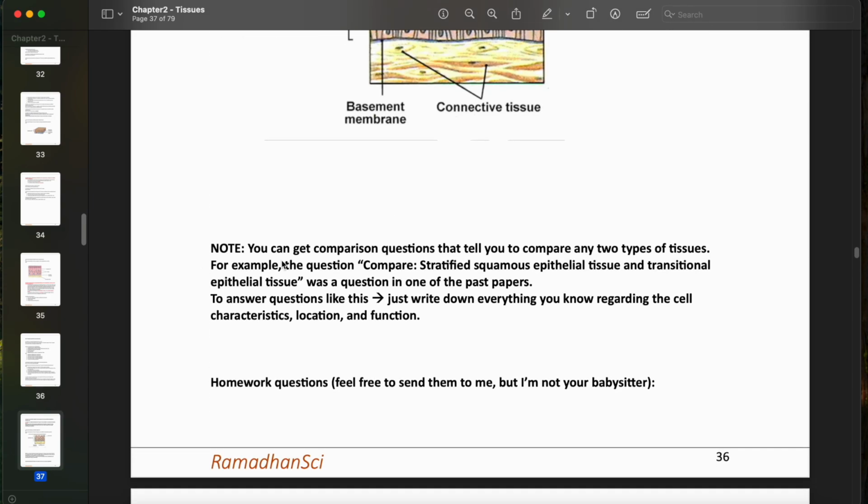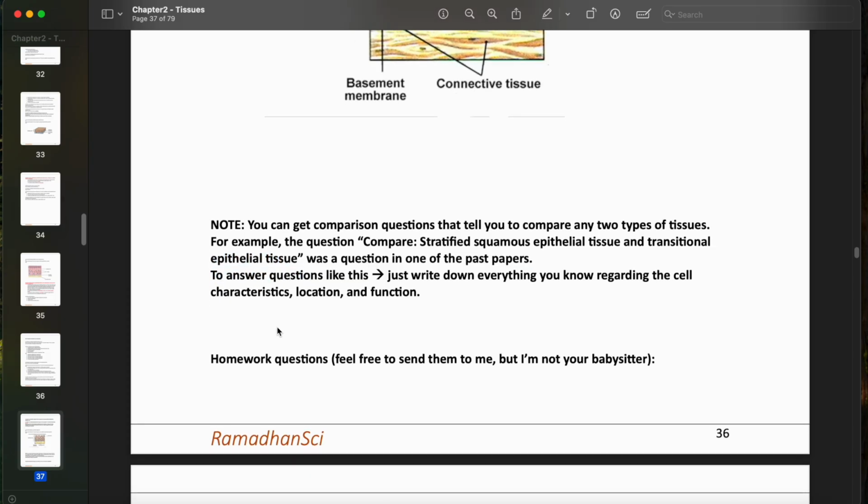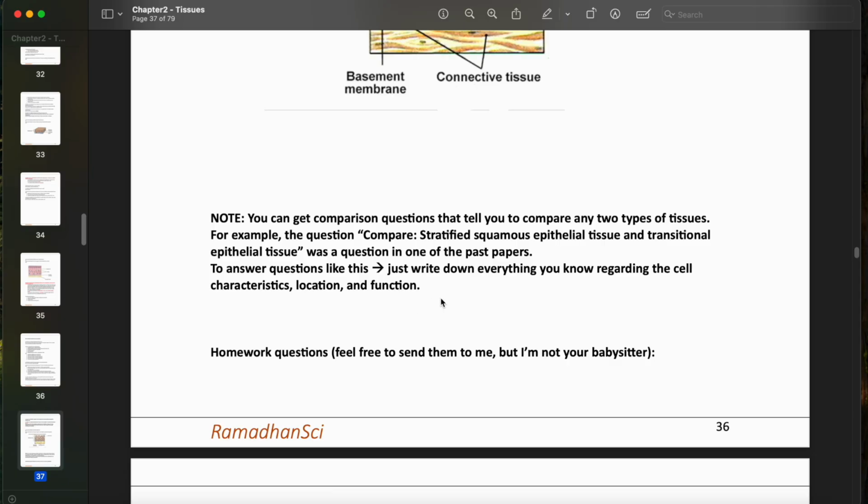So you can get comparison questions that tell you to compare any two types of tissues. For example, the question compare stratified squamous epithelial tissue and transitional epithelial tissue was actually a question in one of the past papers. And to answer a question like this, just write down everything you know regarding the cell characteristics, location, function. So everything we've talked about, basically.